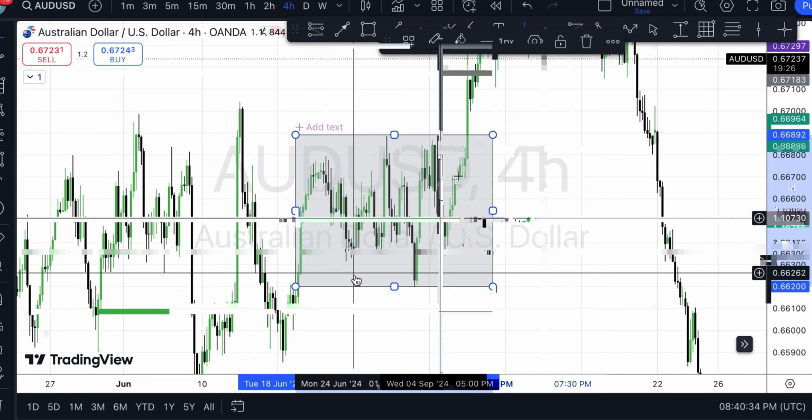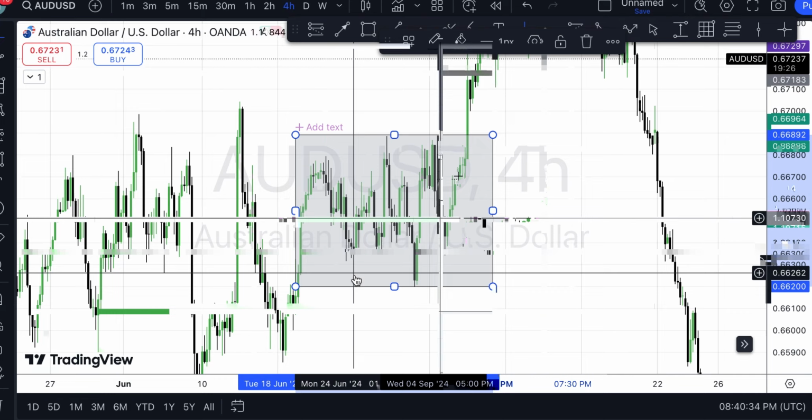Channels provide valuable information for traders, which is number one, trend confirmation. Number two, it is for trading within the channel. Number three, breakout opportunity. This is when the price breaks out of a channel. It could signal a potential trend reversal or continuation.